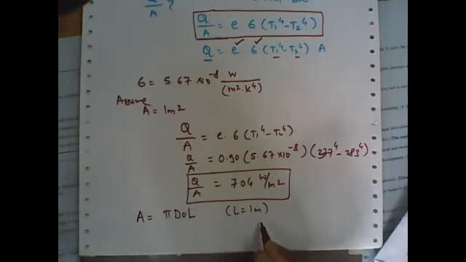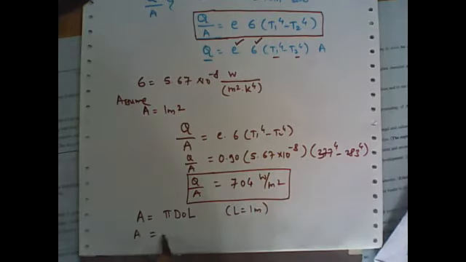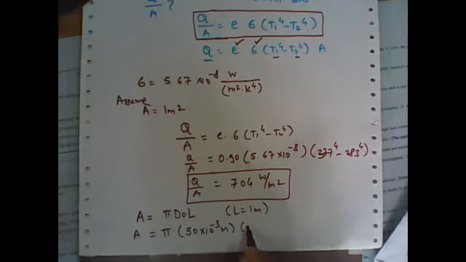So this is one of the assumptions, that length is 1 meter. You can calculate this area as pi into outside diameter. The outside diameter is given, that is 50 mm, so it is 50 into 10 raised to minus 3 meter, and length as 1 meter.